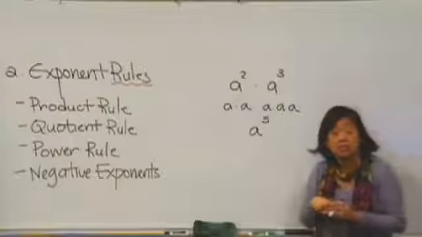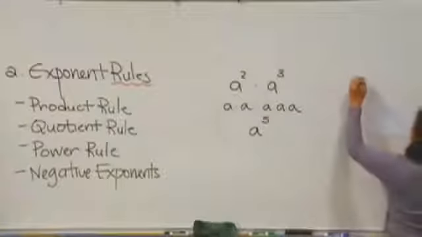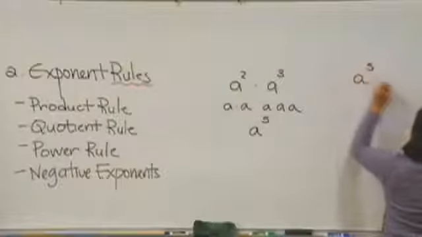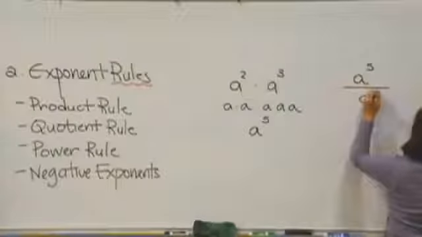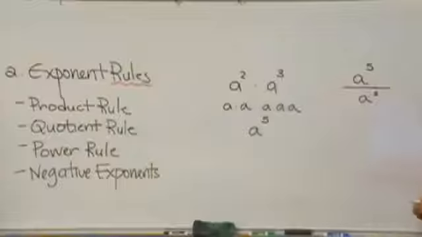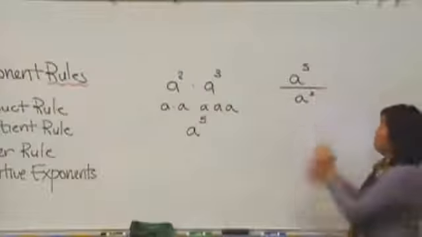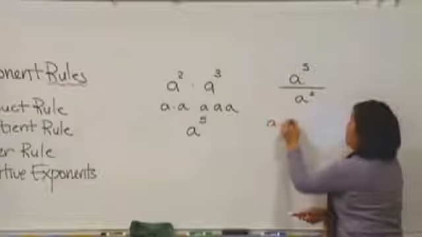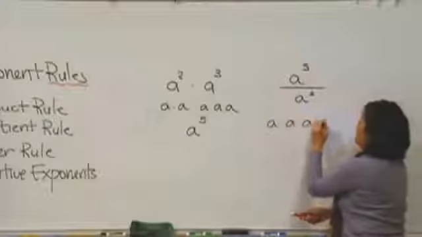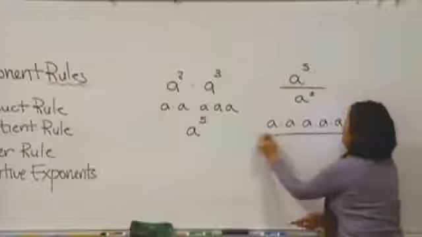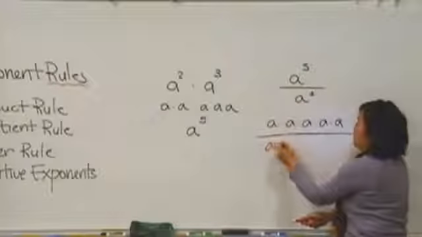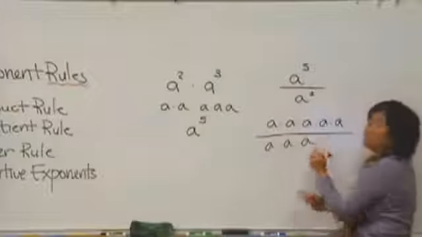Let's take a look at an example of a quotient. Suppose we had something like a to the fifth divided by a to the third. Again, exponents are simply abbreviations. So when we write a to the fifth, that means a multiplied by itself 5 times. And when we write a to the third, it means a multiplied by itself 3 times.